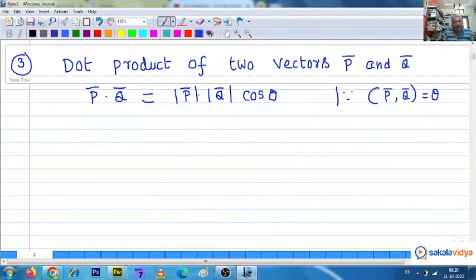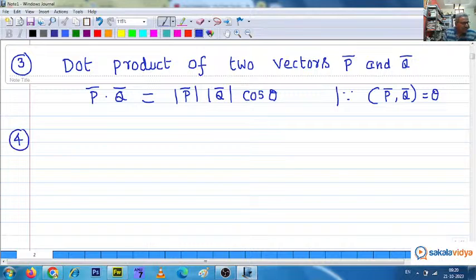For example, how to find the angle between two vectors is very important. If two vectors are given and you are asked to find the angle inclined between them, that can be obtained.